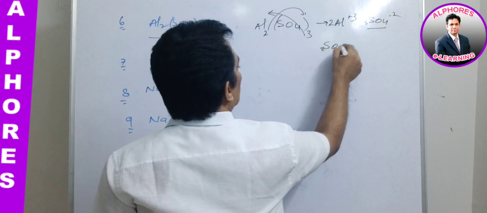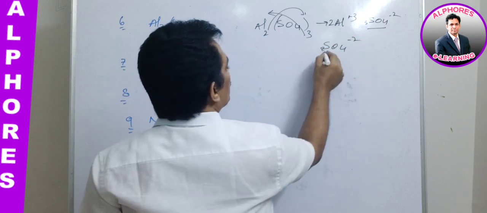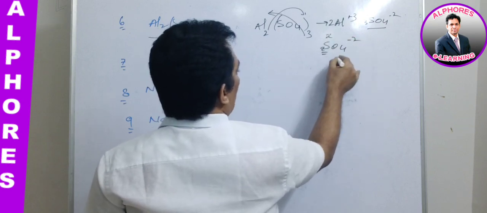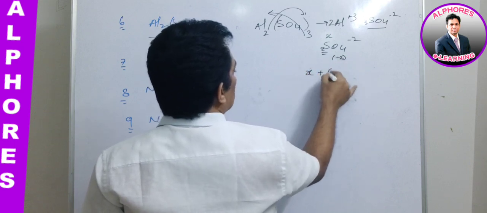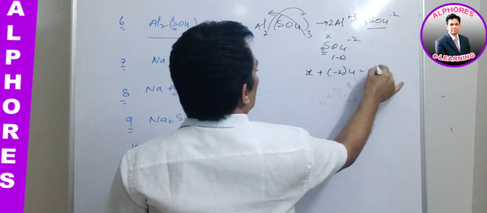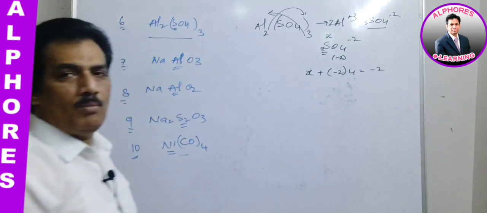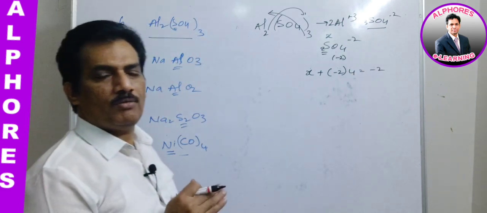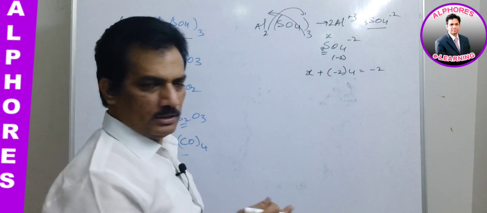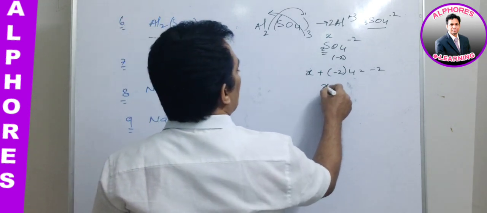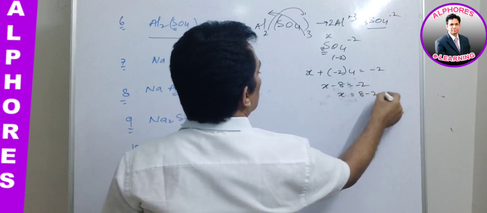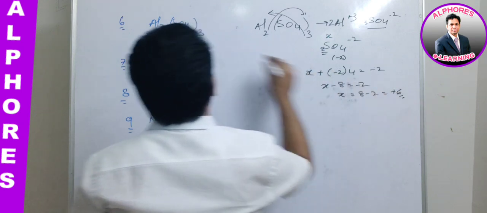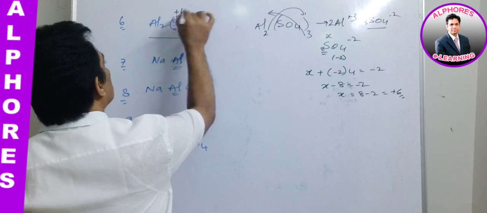It is SO4 -2, sulfur unknown X, oxygen is -2. As per the rule, X plus (-2 into 4) is equal to -2. That is, the sum of oxidation states of all the atoms is equal to its charge. Now X minus 8 is equal to -2, and X is equal to 8 minus 2, that is +6. +6 is the oxidation state.